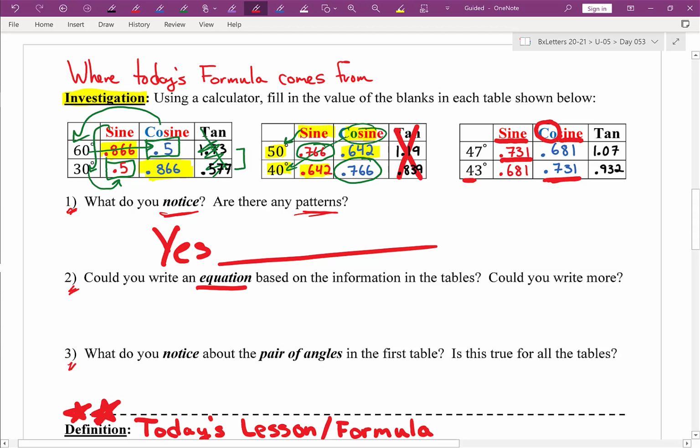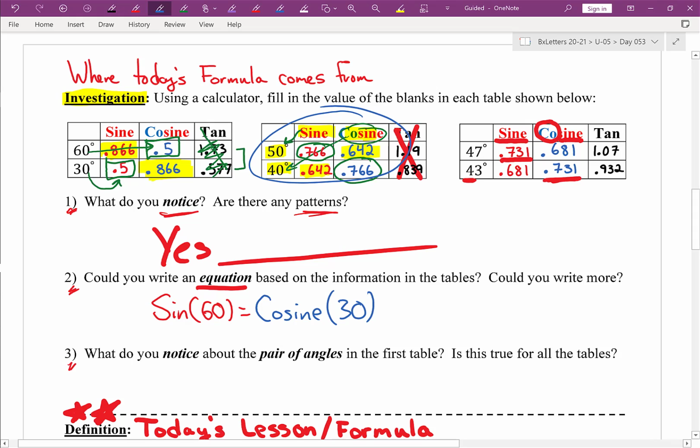Could you write an equation? Yeah, we could. We could say the sine of 60 has to be the same as the cosine of 30. That's just one example we could do. Let's pick one from here, and we'll do it the other way now. We'll do the sine, and I'll use the abbreviation of 40.